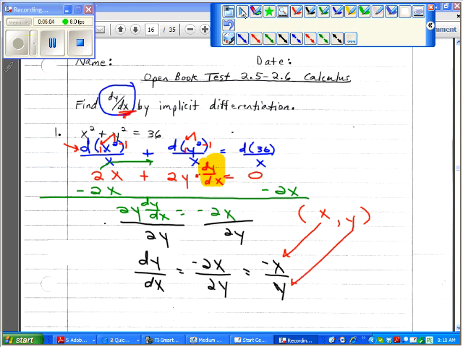When we solved explicitly, we only had to plug in the x because the answer would be given in terms of x, not in terms of x and y. Okay? So it's not that big a deal to end up with an x and y. We just plug in both parts of the point when we look for the slope of the tangent line at a specific point. Any questions on number one?